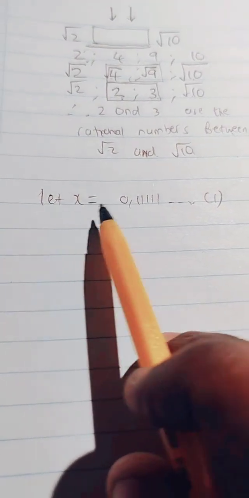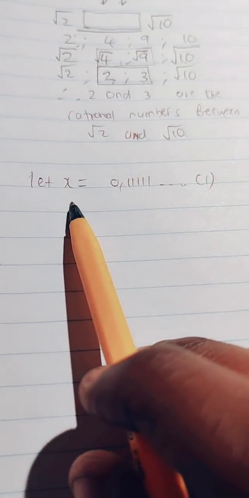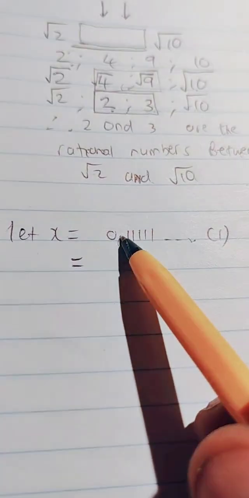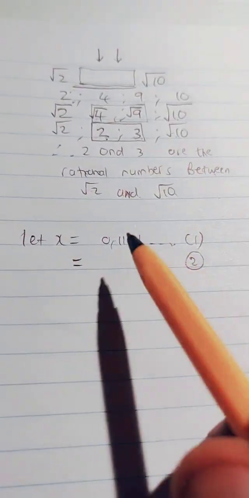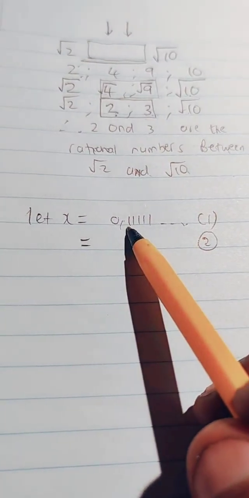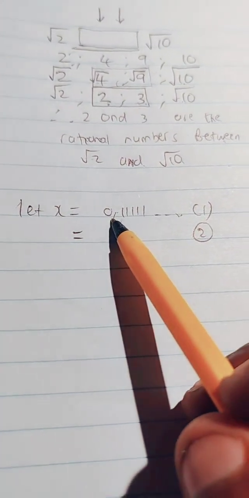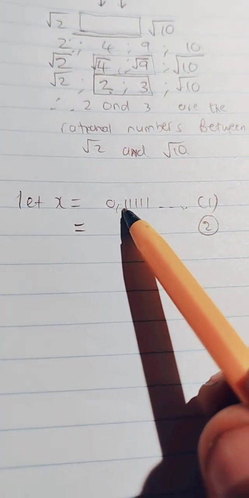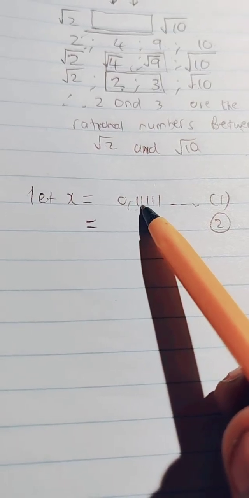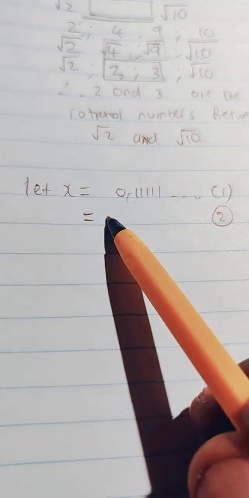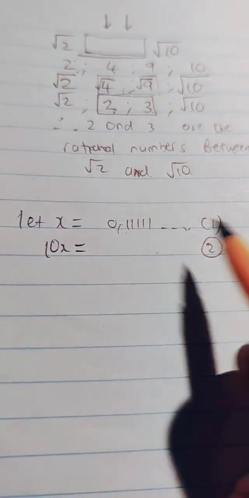Then remember, we multiply by a power of 10 such that we can form an equation that will have the comma moved in such a way that after the comma, we have the ones repeating.